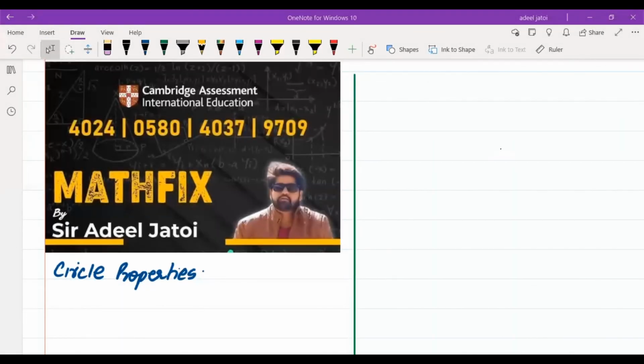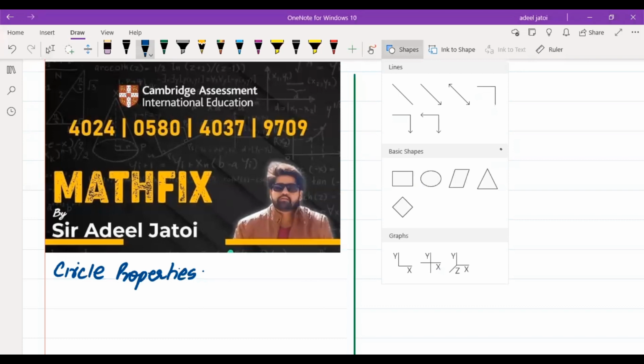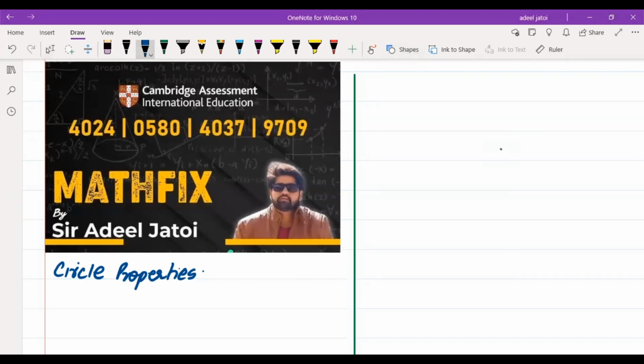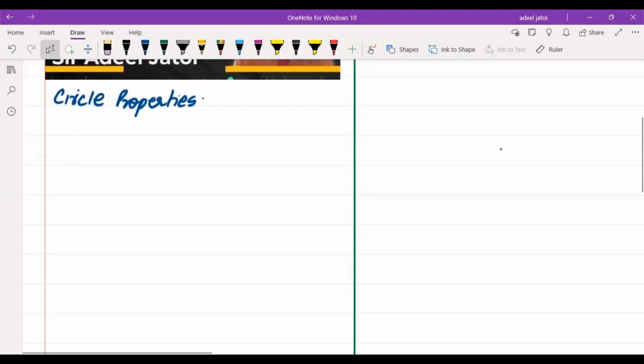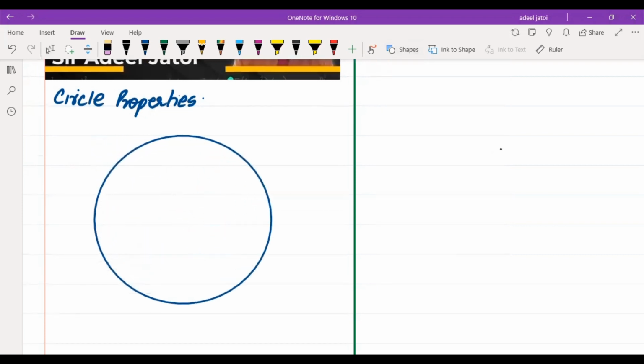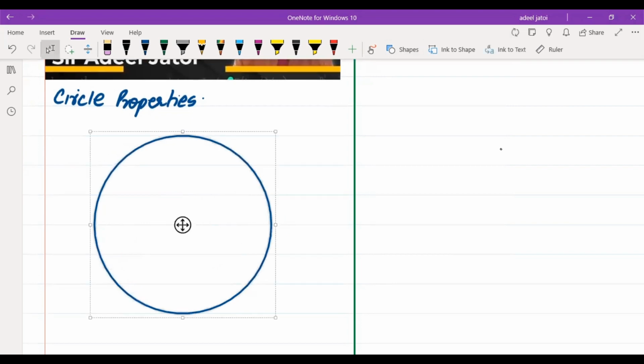Okay, ji. So circle properties. Before we just start off with circle properties, there are a few things that you need to keep in mind. Number one is that circle properties will be involving circles because obviously it's the major thing.